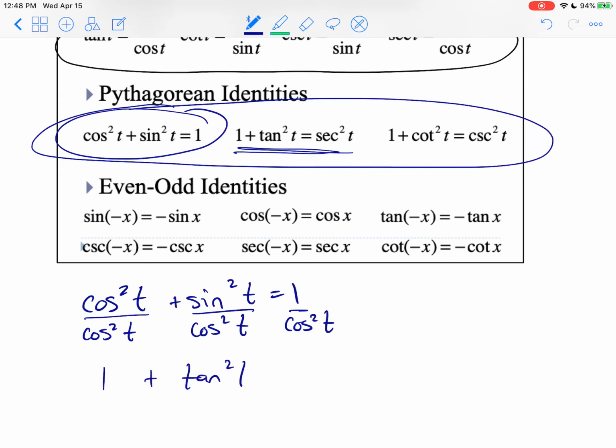So that gives us 1 plus tan squared t equals secant squared t. So that's our second Pythagorean identity. We can get the third one by taking this first one and dividing everything by sine squared, and that will give us that third one.